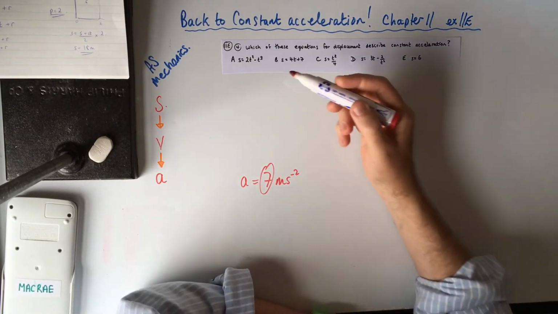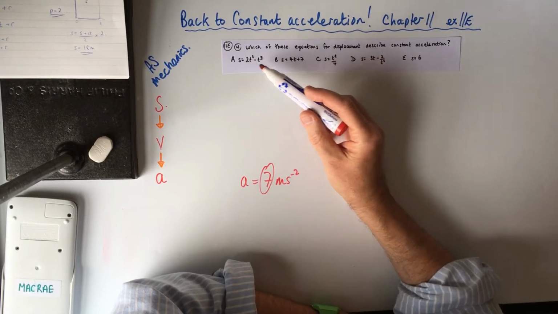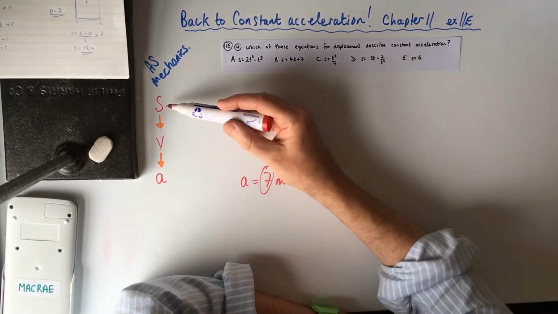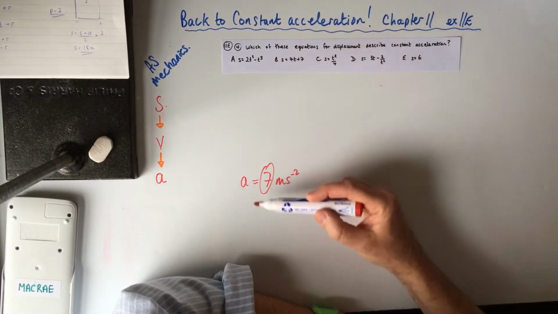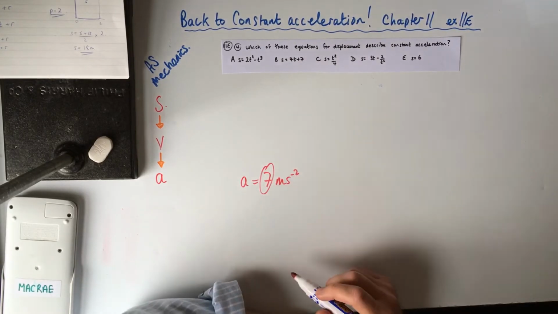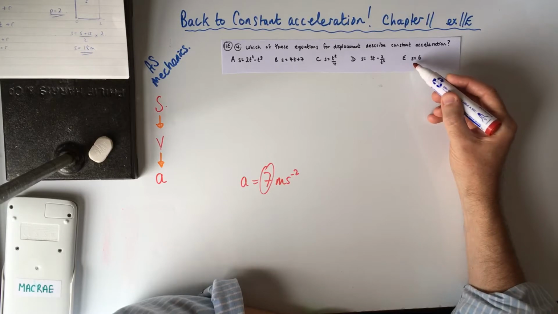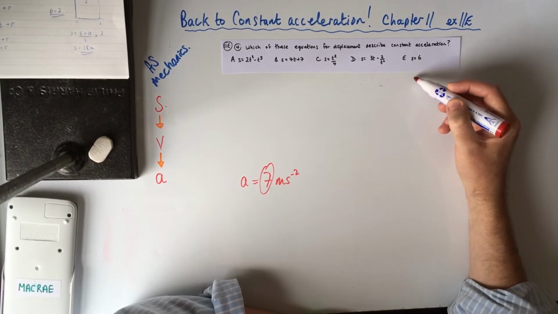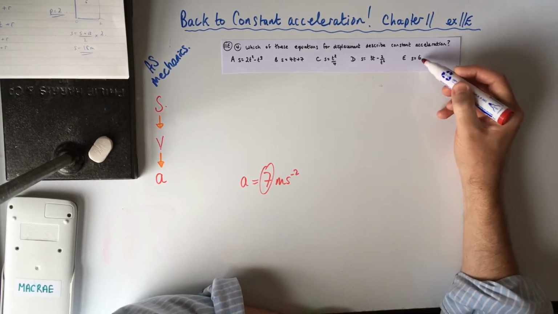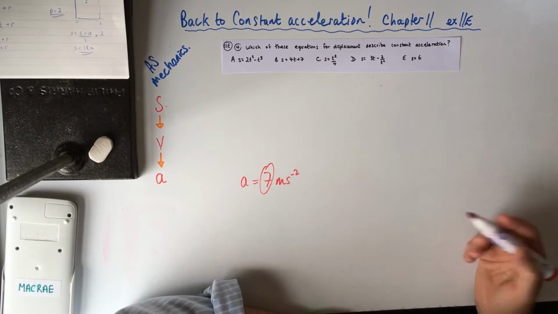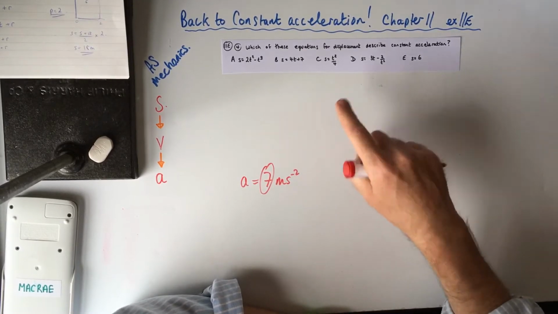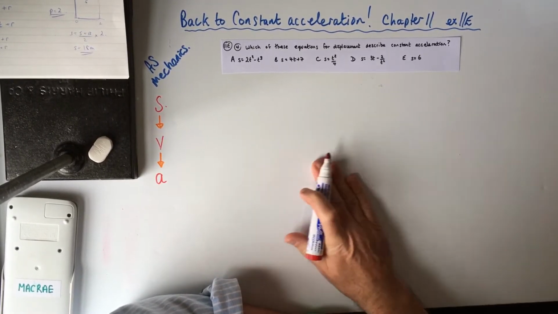If you look at the answer at the back of the book, what they do with all of these is differentiate them twice to see whether you get a number. So for instance, as soon as you start to differentiate that, the 6 just goes. So that's not one. But there's another way of doing it, of course.